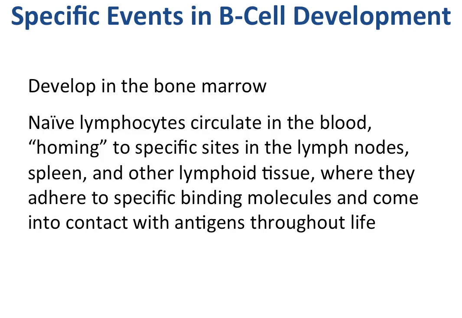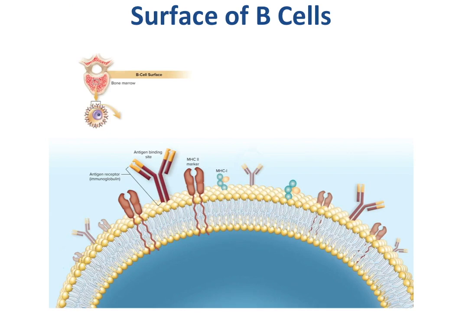The naive lymphocyte will be secreted in the blood, and then it will home to a specific site, where it can attach to a specific molecule and can differentiate into plasma cells. So this is the surface of B cells.